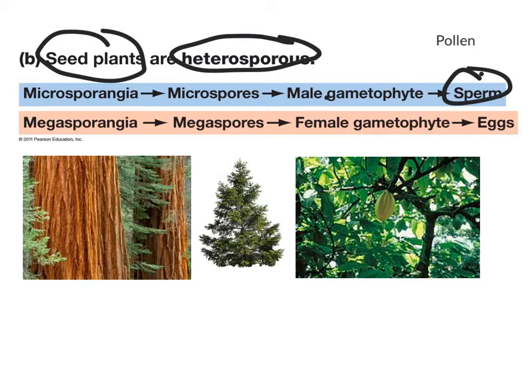And then the female produces, let's see, what is it called? Well, they produce eggs, okay? And there's different parts of the structure. There's the stigma and the ovules are the eggs, okay?